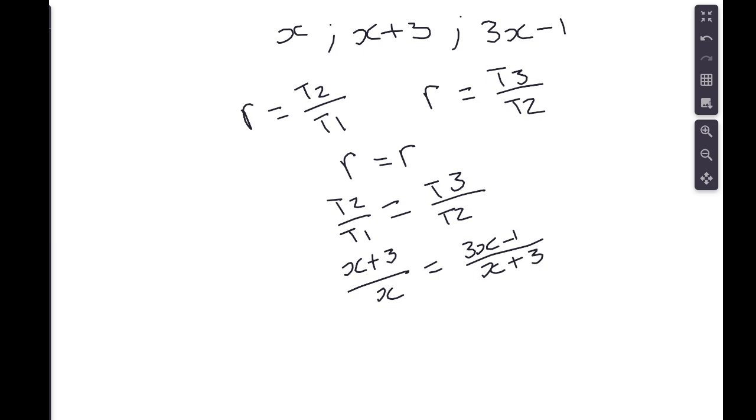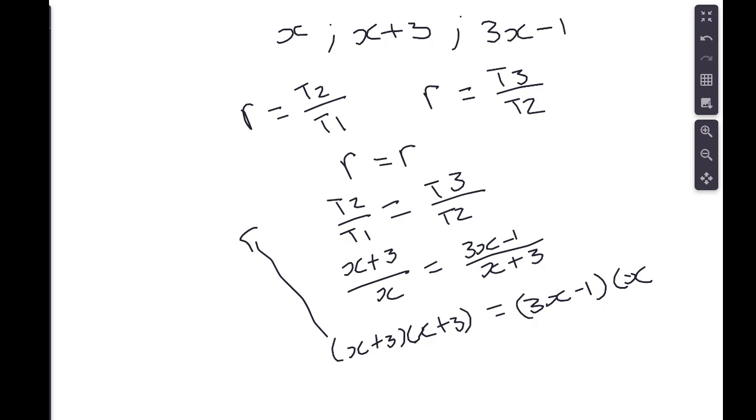So we're going to do cross multiplication here. So it's going to be x plus 3 multiplied by x plus 3, which will equal 3x minus 1 multiplied by x. Okay. I'm going to bring that up here.